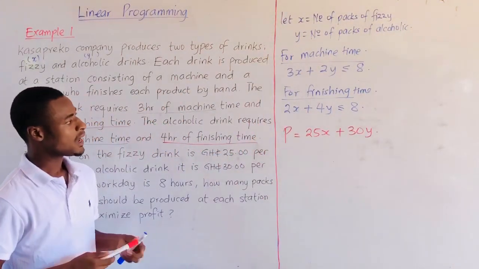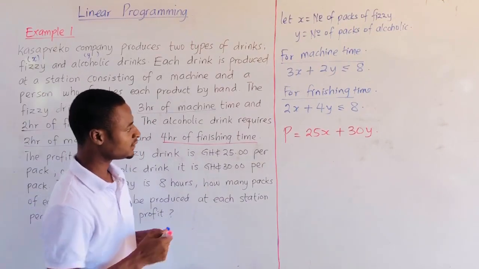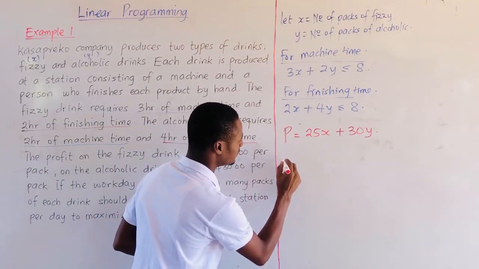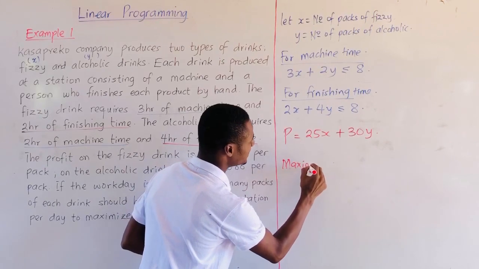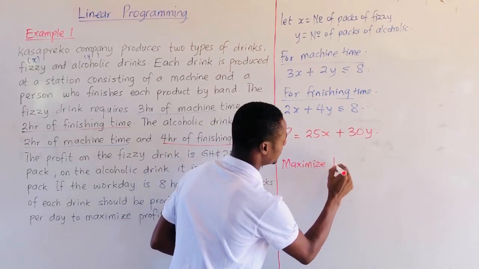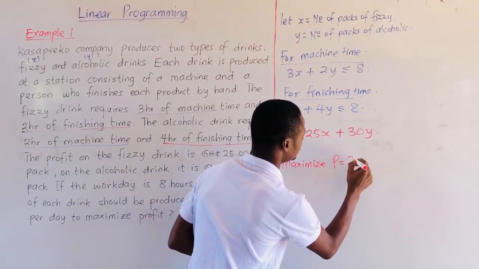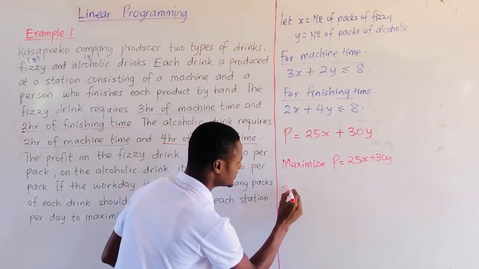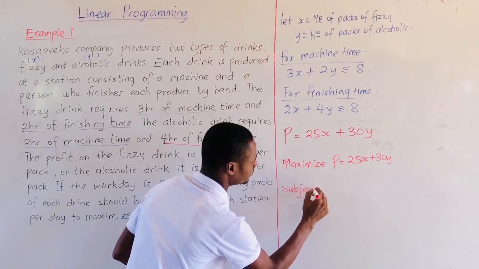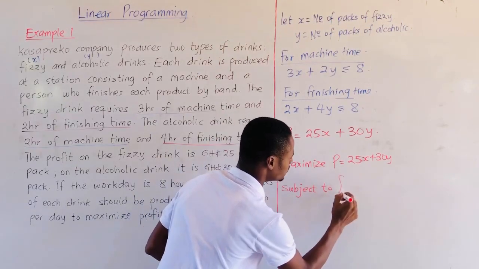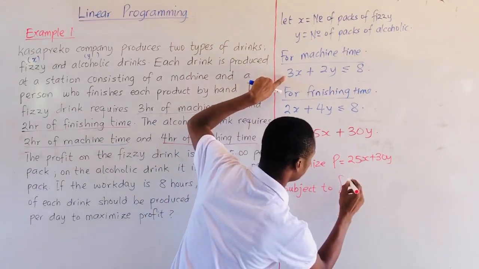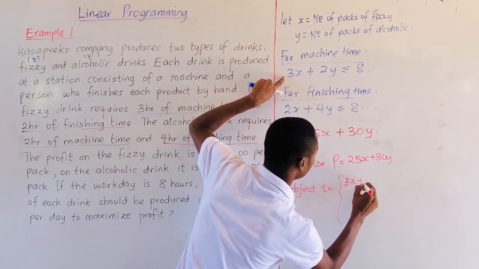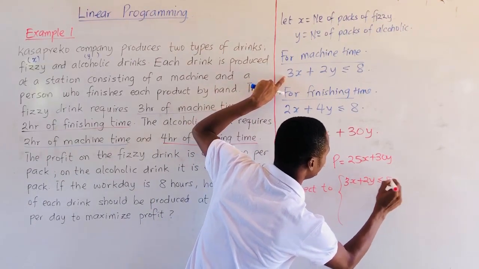Now, our linear programming model will be to maximize this profit, P equal to 25x plus 30y, and that is subject to the following constraints. The first is the machine time, which is 3x plus 2y less than or equal to 8.